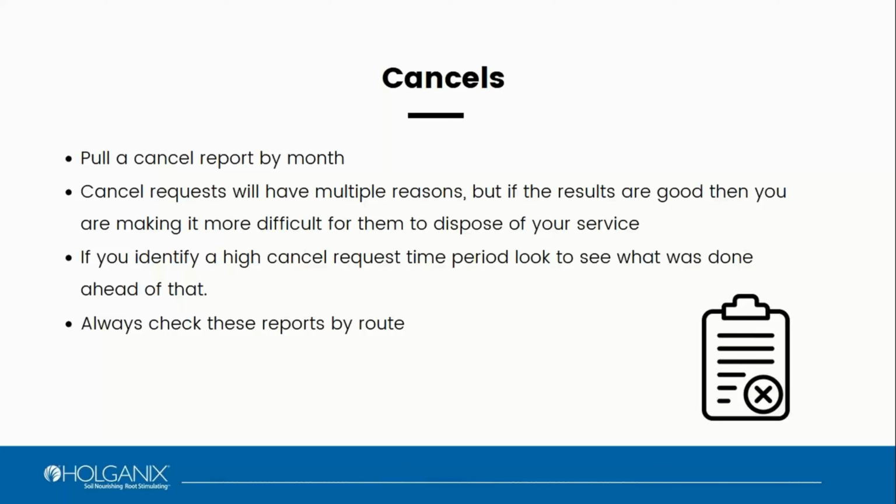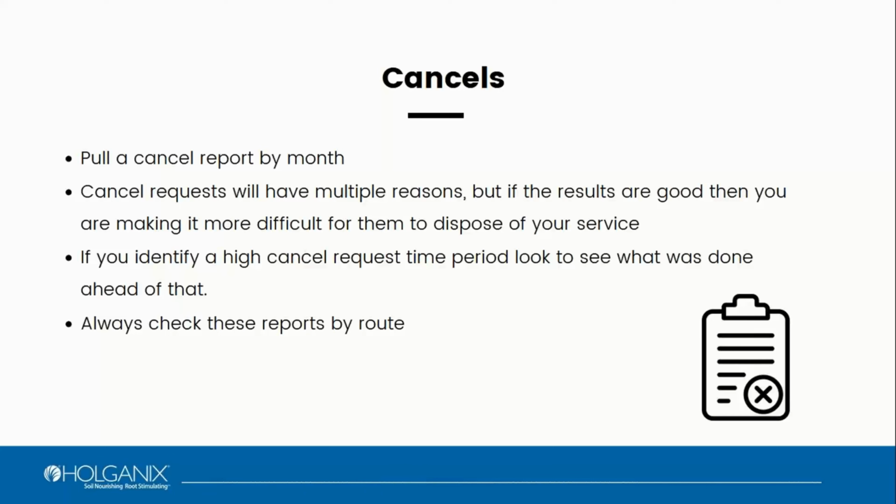That is the Net Promoter Score suggestion. And then if you identify a high cancel request time period, look to see what was ahead of that. Again, it's probably not what's going on during that round is why they canceled. It's something that happened prior, probably 2 rounds back, possibly the round before. Again, employee training, what's going on agronomic wise.